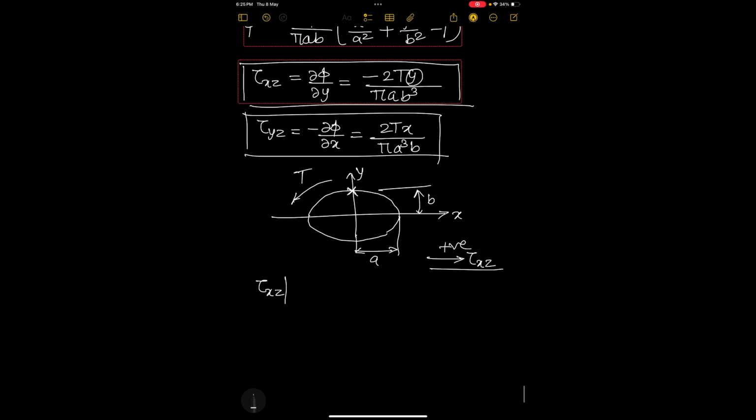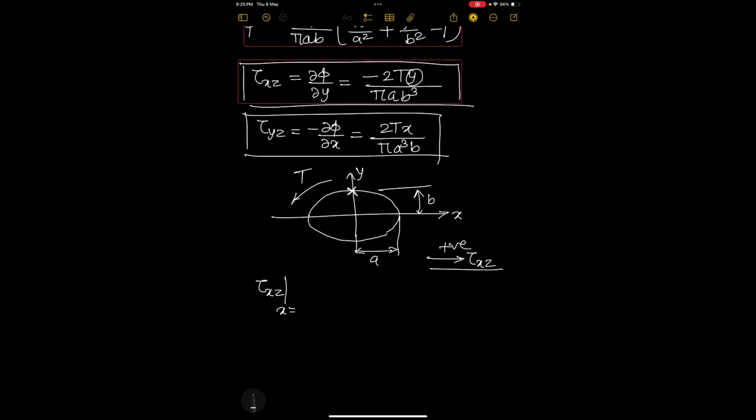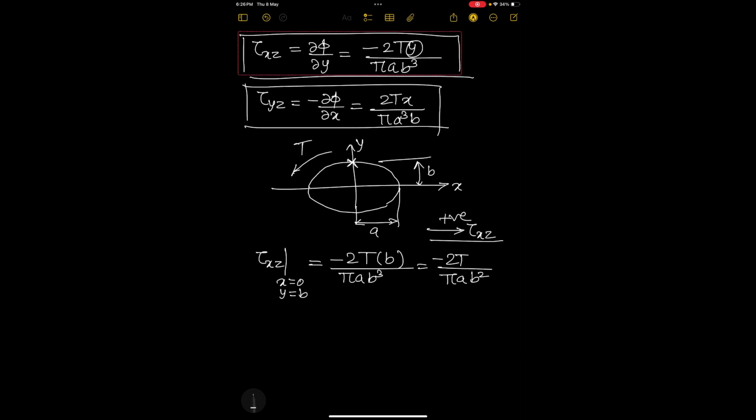So tau xz maximum at z equal to 0, x equal to 0, y equal to b, is written as minus 2T into b divided by pi a b cubed, which is minus 2T by pi a b squared.